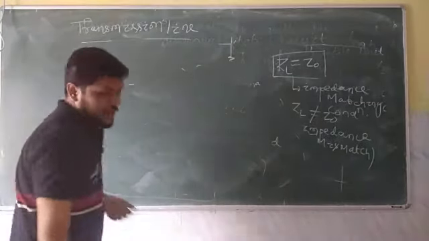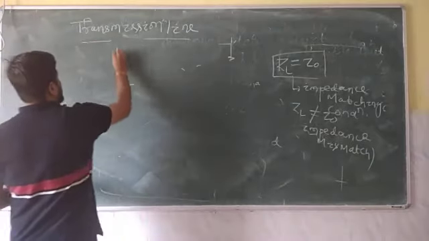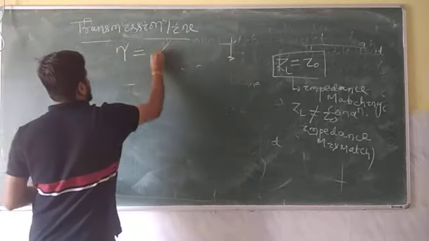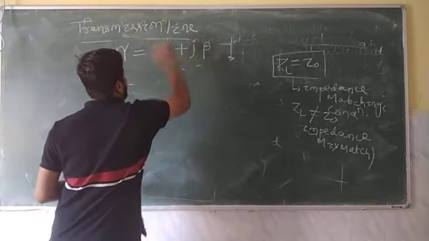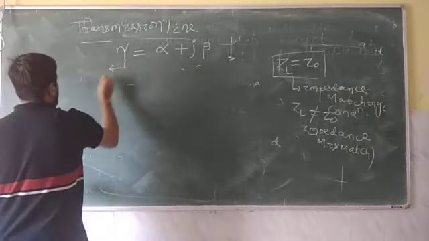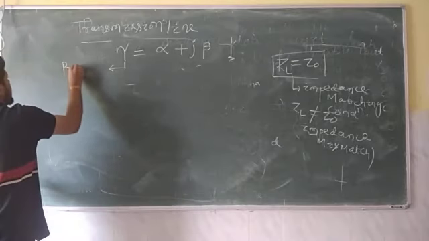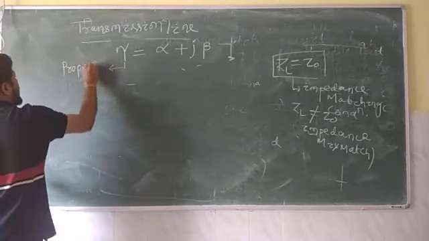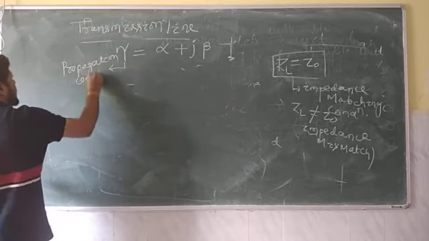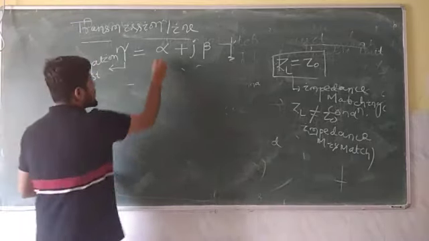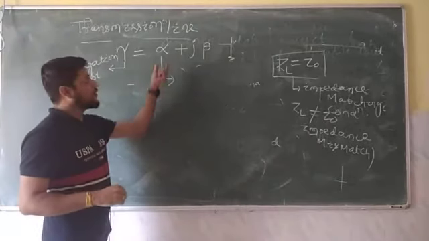Now this gamma is a complex number, denoted as alpha plus j beta. This gamma is known as your propagation constant. This alpha is your real part.